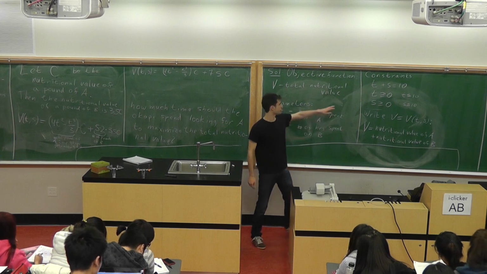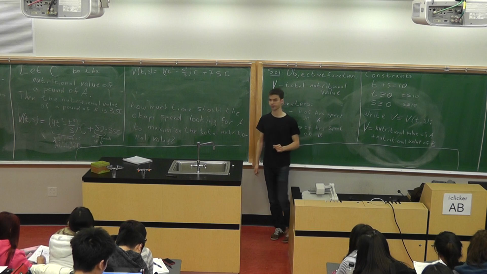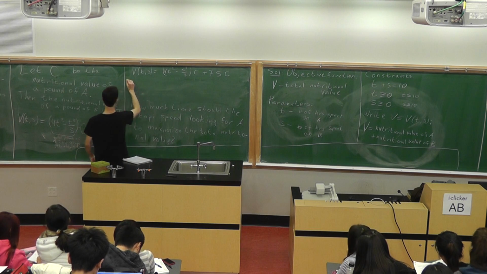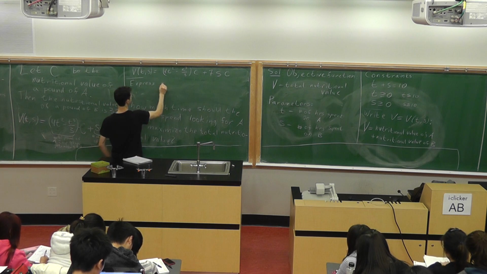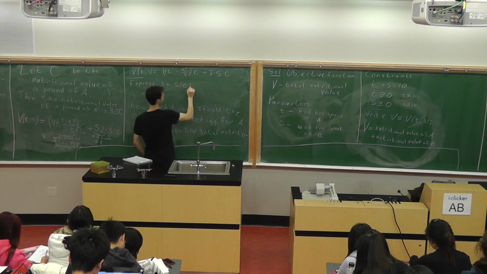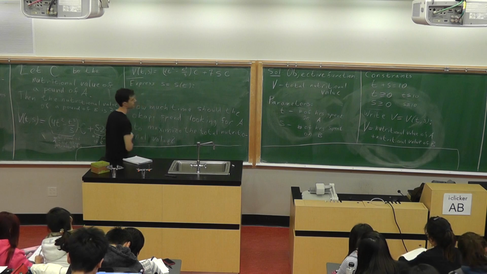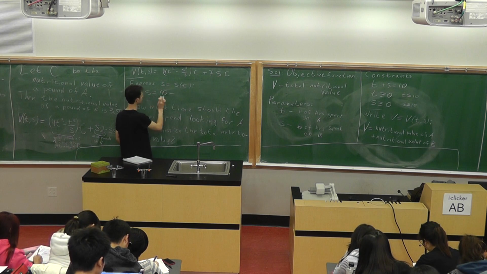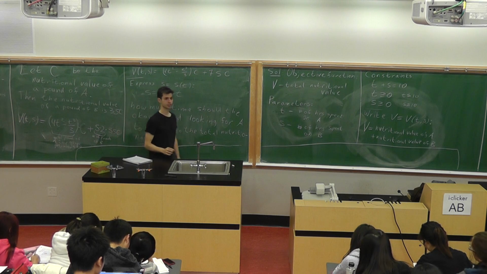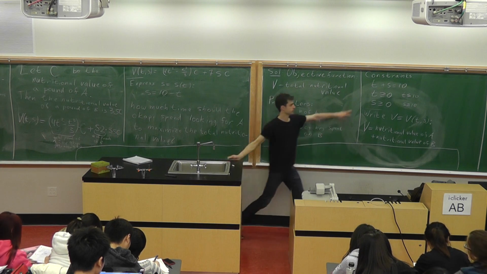But it's quite easy to express one of the parameters in terms of the other. So express S as a function of t. Well, it's very easy. S is just 10 minus t from this equation.